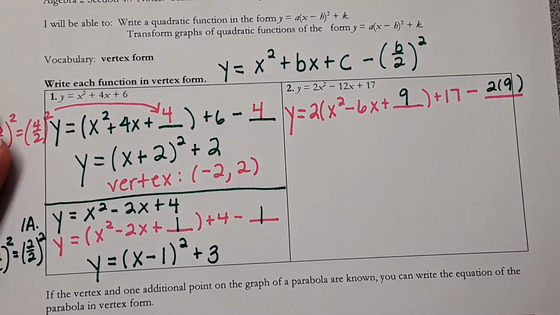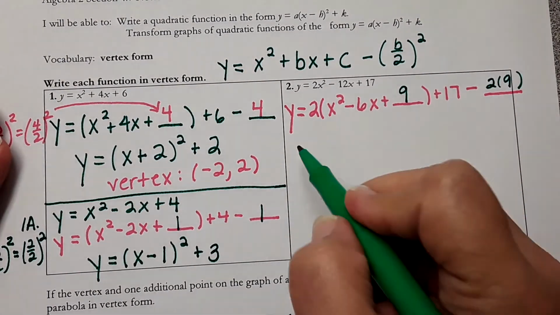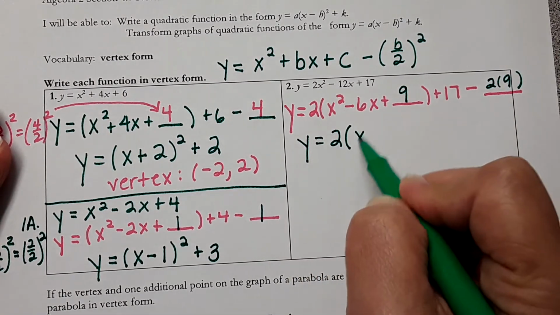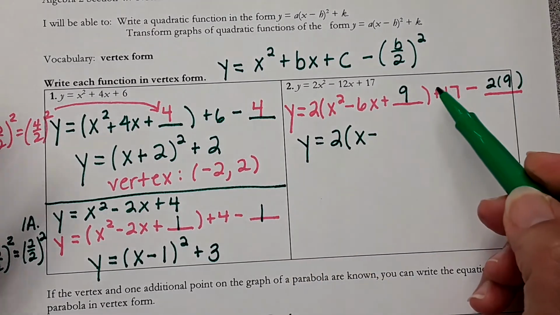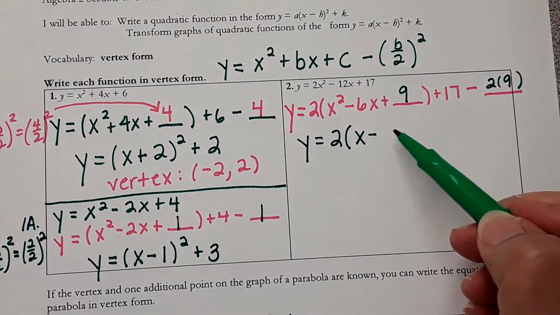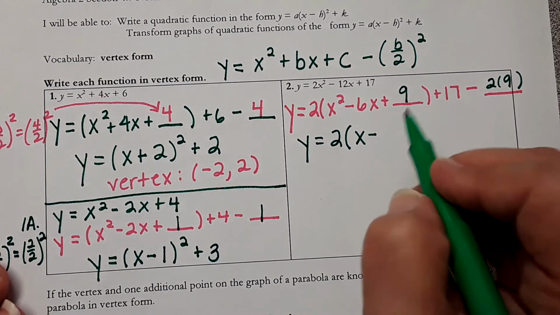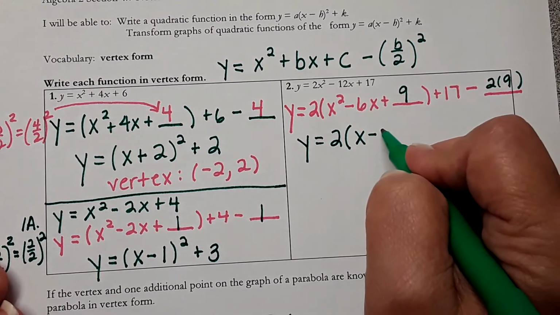So what did you pull out? Now we're going to rewrite it as y equals 2 times x minus, and you can get this number 3 two different ways. You can take half of 6 or you can take the square root of 9. They both give you the same answer.